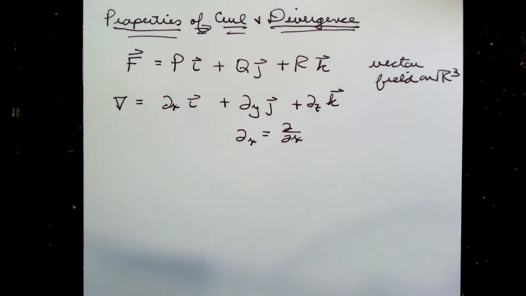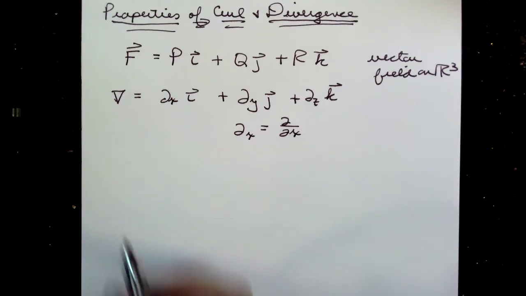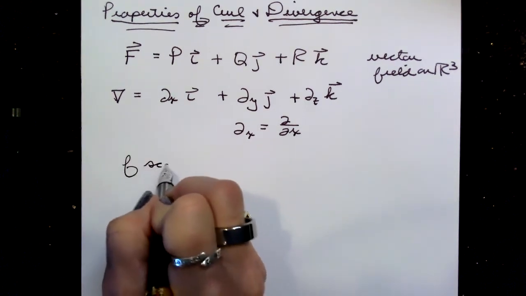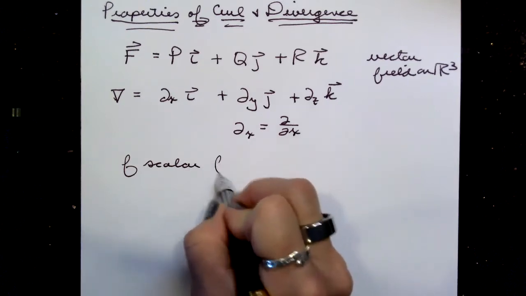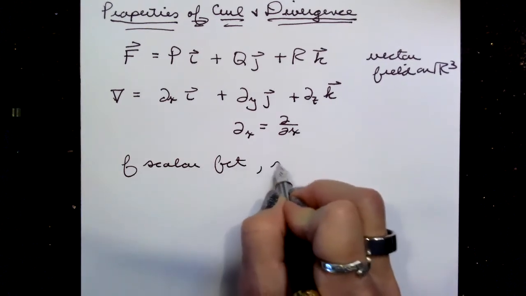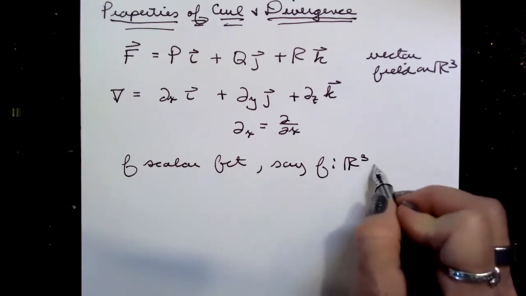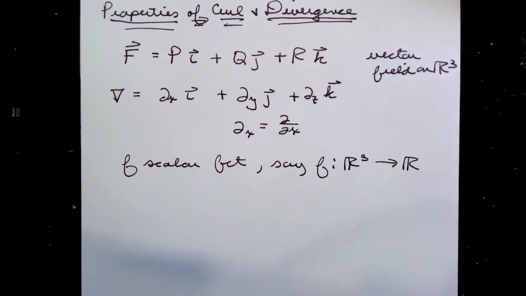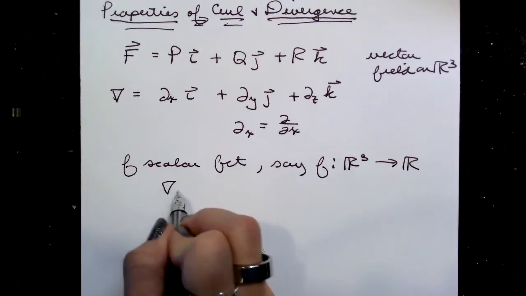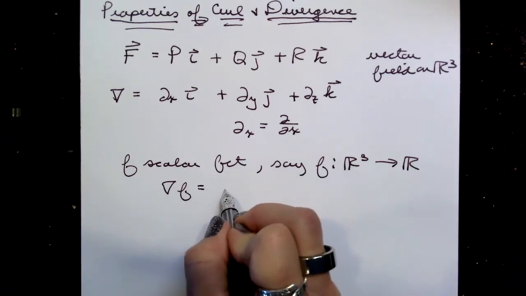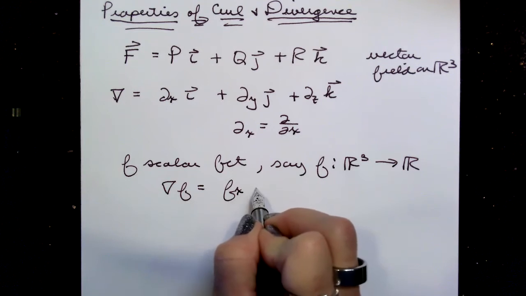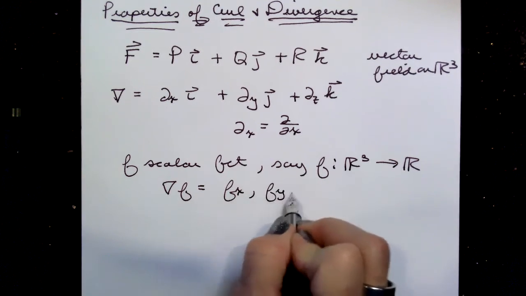Okay, and so if you take a scalar function, say f maps R3 into R, that's what you mean by a scalar function, it gives you back a real number, then the gradient of f just means f sub x, f sub y, f sub z.